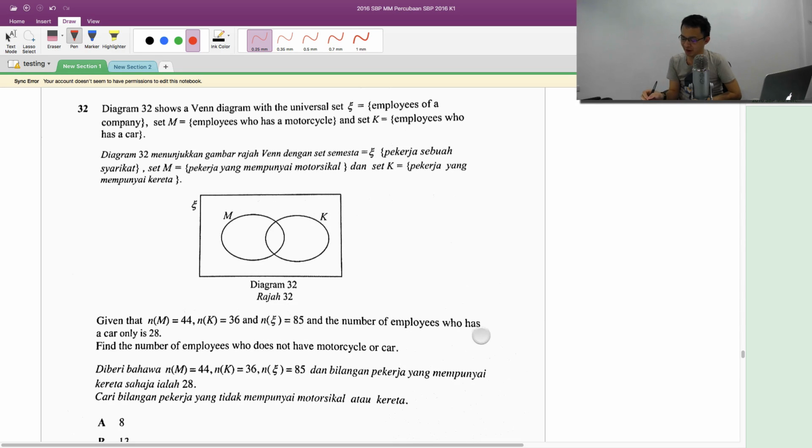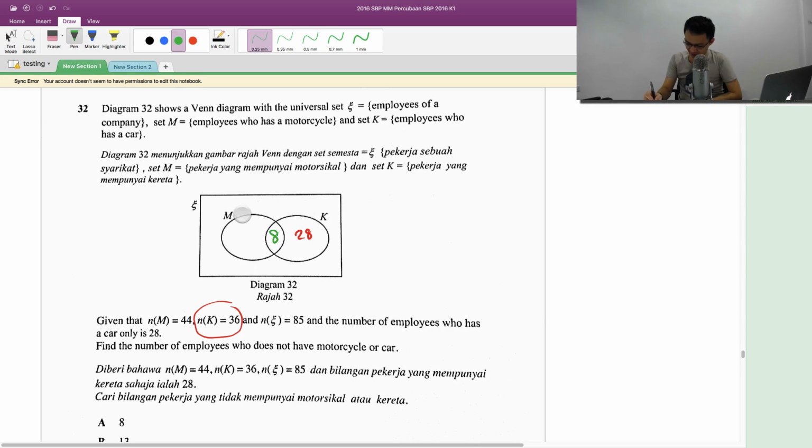The number of employees who have car only is 28. So that means 28 is here. But I know the total number of car is 36, isn't it? So therefore I can use 36 minus 28. I get that 8 is somewhere in the middle, because together they must equal 36. Alright, this is the idea.